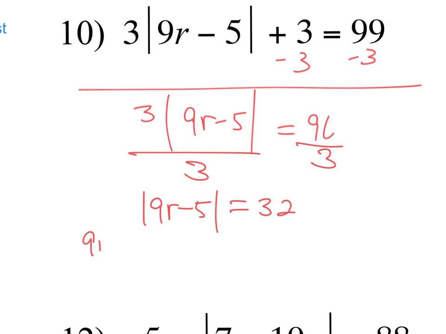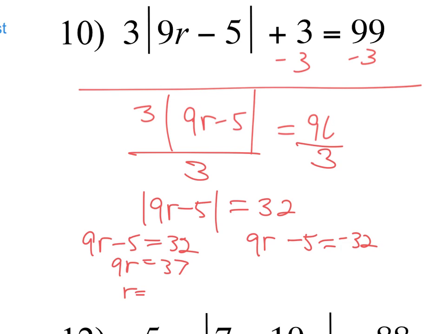So we can write 9r minus 5 is equal to 32, undoing the bars, and 9r minus 5 is equal to negative 32. Solving those two equations, when we add 5 to both sides, we'll have 9r is 37, so r is equal to 37 ninths. And on the other side, when we add 5 to both sides, we'll have 9r is negative 27, so r is negative 3.